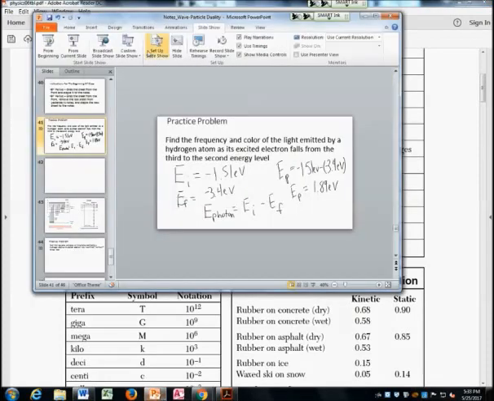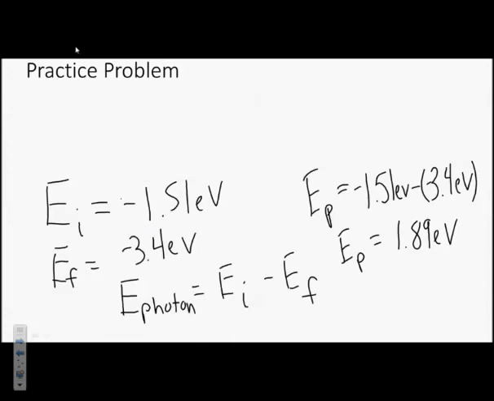Okay, so we can make that unit conversion. We just take our 1.89 and multiply it by 1.6 times 10 to the negative 19 joules. Okay? I'll give you guys a second to write that down, and then I'm going to go to the next tab.